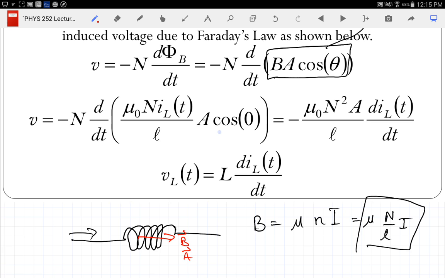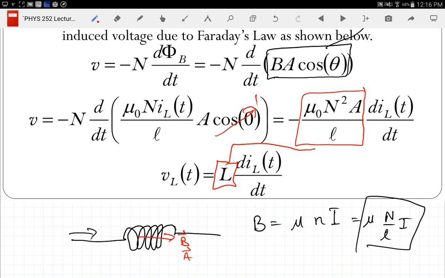And so I just put cosine of 0 here, which has a value of 1, so I'm going to drop it off in the next part of the equation. When you put this all together, the only thing that's varying is the current, so I have this constant part times the rate at which the current changes. And so we just define this constant part as the inductance.